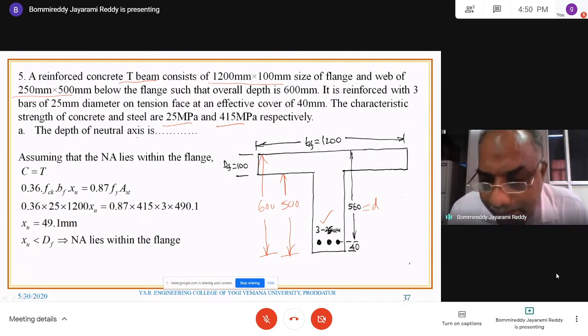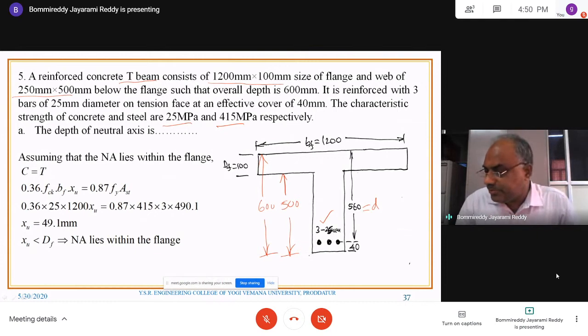So normally, when the steel reinforcement is small, there is a possibility of depth of the neutral axis within the flange. Because of only 3 bars of 25, it's a small reinforcement.